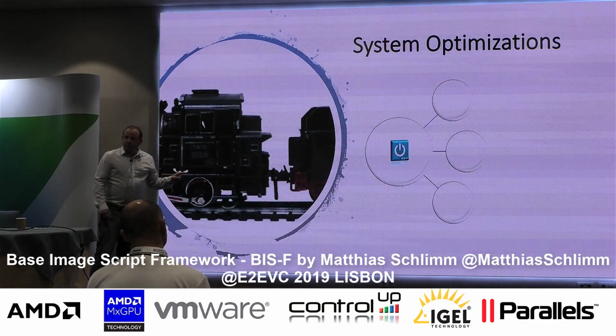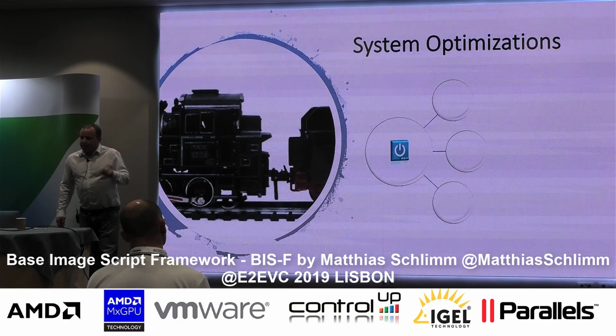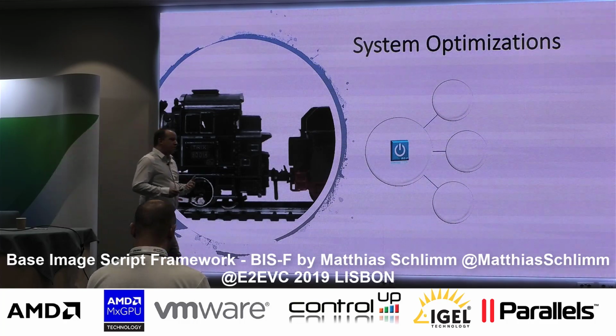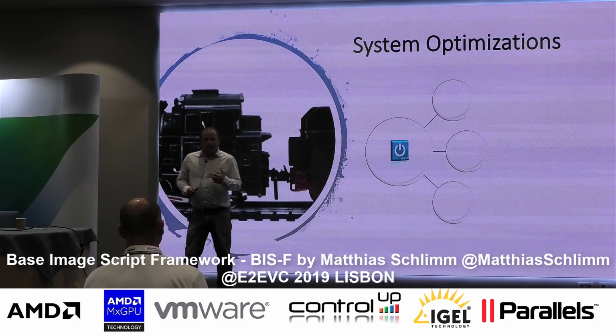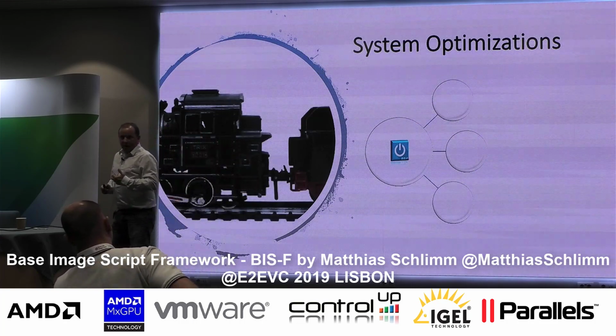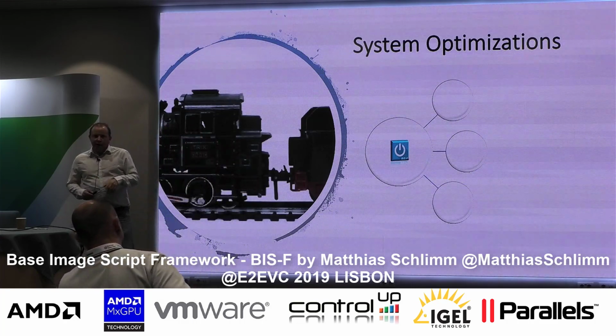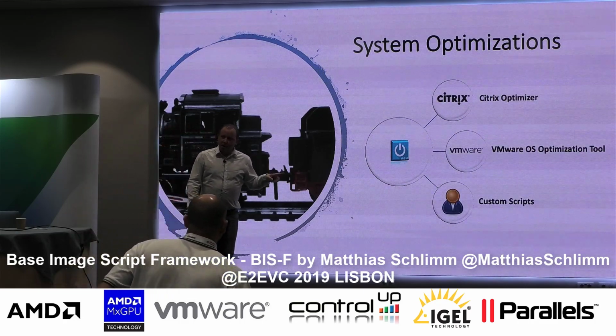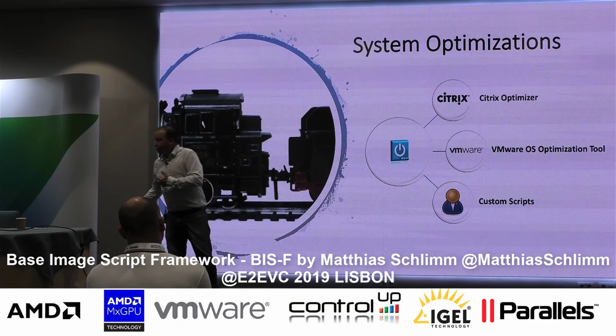Okay, system optimizations. In the standard deployment, BIS-F is not designed to put more users on your environment. It's only designed to get a clean image in the end. The rest, like system optimization, can be triggered with Citrix Optimizer, the VMware optimization tool, or your own scripts.